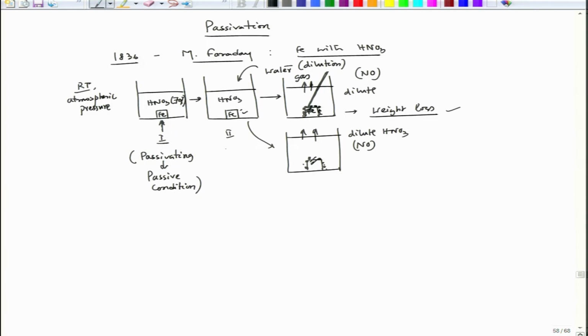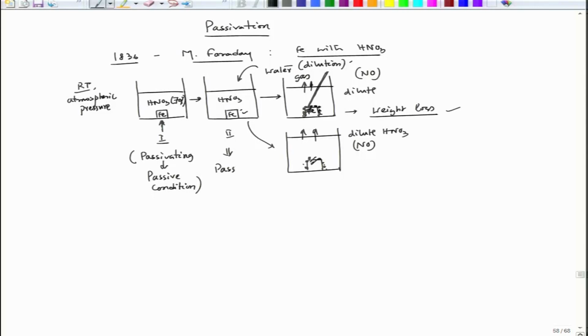Now, in stage 2, since the metal has attained passivity, something has happened on the surface. If you do not disturb it, and the water is added slowly so that it does not create much churning in the solution, that condition is still passive.